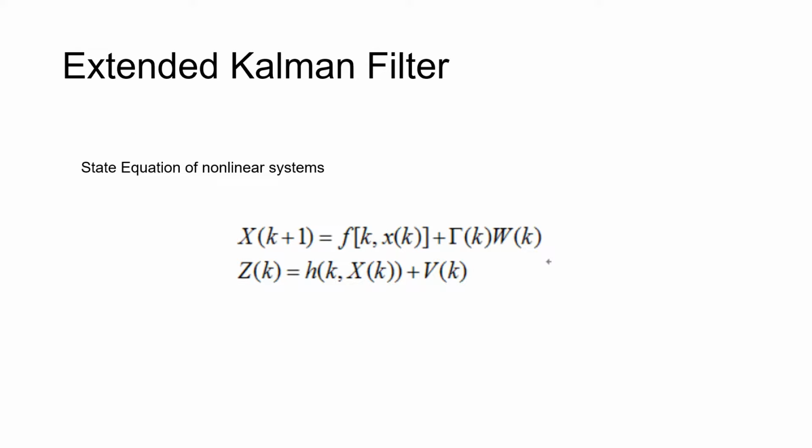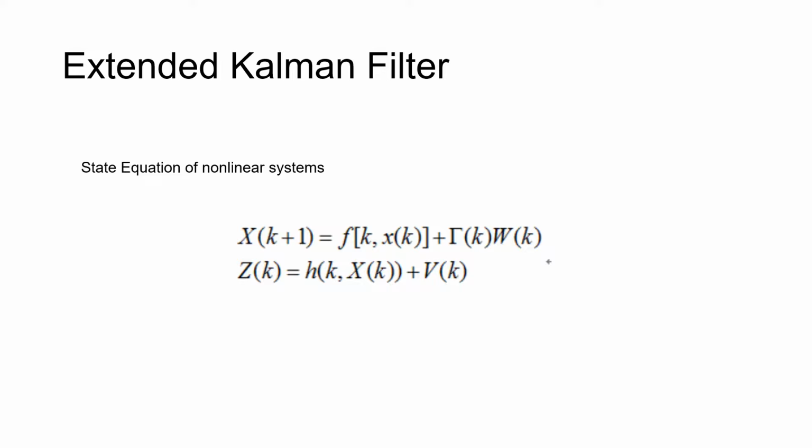I have already introduced the Kalman filter for linear systems. When the system is a linear Gaussian model, the filter can give the best estimation. But actual systems always have different degrees of nonlinearity. For nonlinear systems, one method that can be used is to convert the nonlinear system into an approximate linear system through linearization, that is EKF.